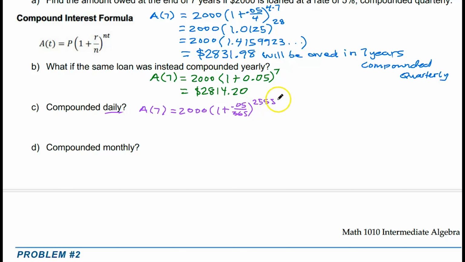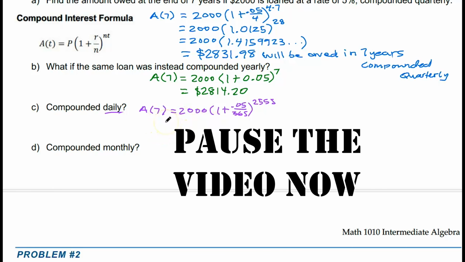And now, in your calculator, start with this fraction, 0.05 divided by 365. Keep that number in your calculator, add 1 to it, then take that whole thing and raise it to the 2,555 power. After that, times it by 2,000. Go ahead and pause your video again, work it out on your calculator and see what you get.